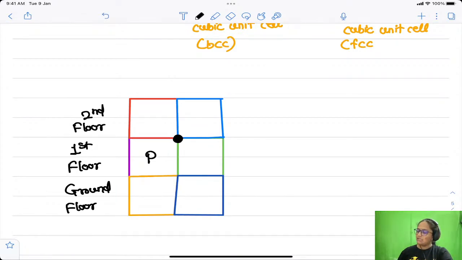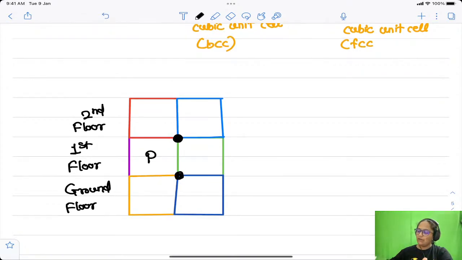If the atom was here, then the lower layer I would have considered the ground floor. So the atom which I have shown by the black sphere is not only meant for me, it is with all my three neighbors on that floor surrounding me.